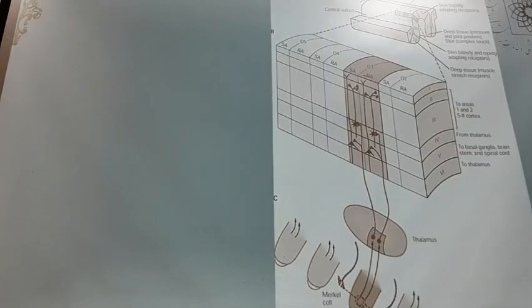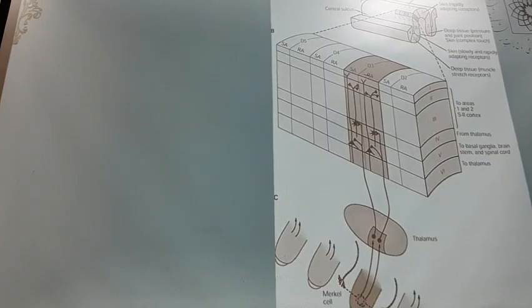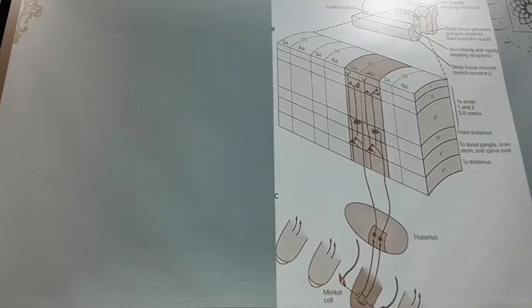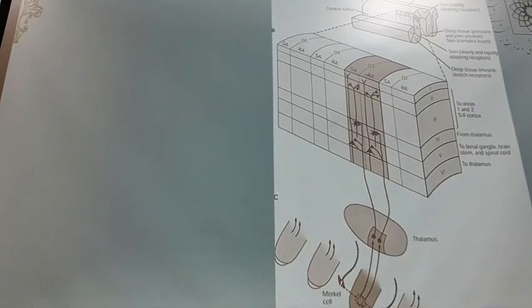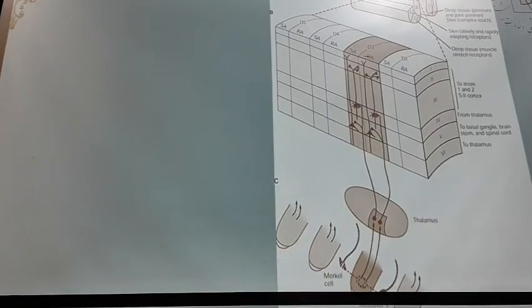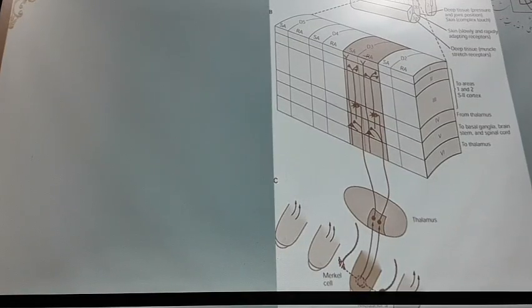What was the processing of information? When I'm touching one area, I should detect the shape, the form, the angles, the texture. All of this information should be processed by the cortex.